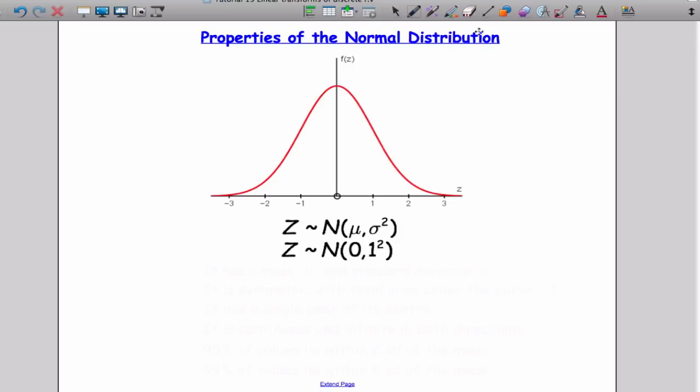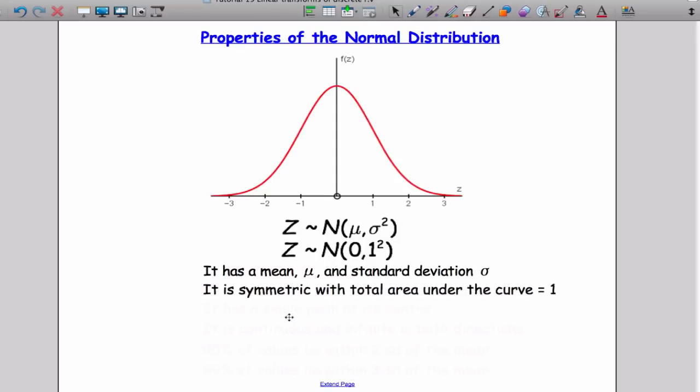Now let's just talk about some of the various properties of the normal distribution. One thing to note that's very important is it has a mean mu and standard deviation sigma. Another thing that's crucially important is that it's symmetric with a total area under the curve equal to 1. So the total area underneath the whole curve is equal to 1, and it's symmetric about its mean.